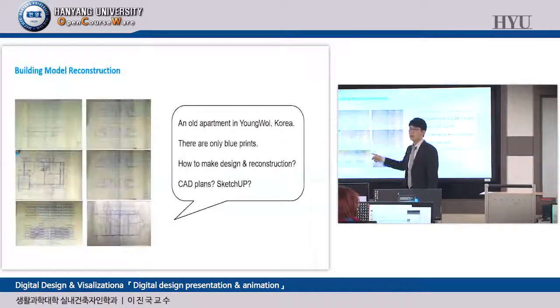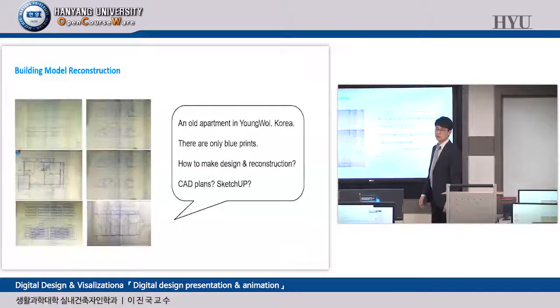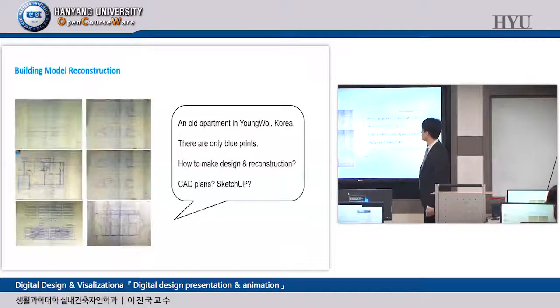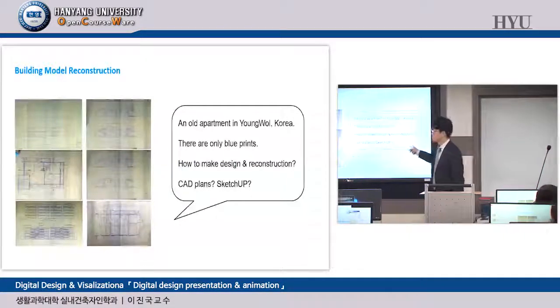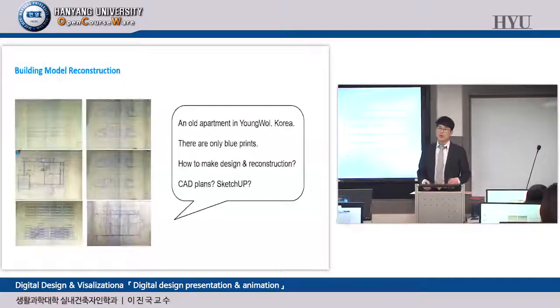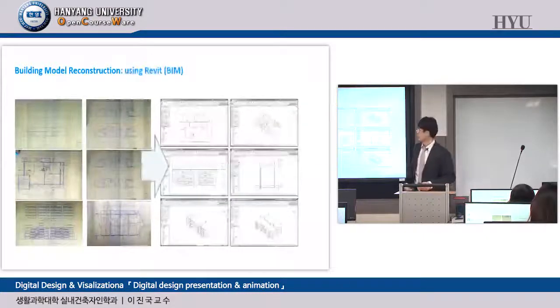Hand drawing blueprints, okay? Very old-fashioned but conventional architectural standard drawings. How to make the design and reconstruction? AutoCAD plan drawing, SketchUp modeling, 3D Max modeling. What is your option? Many options, of course, but we used Revit.